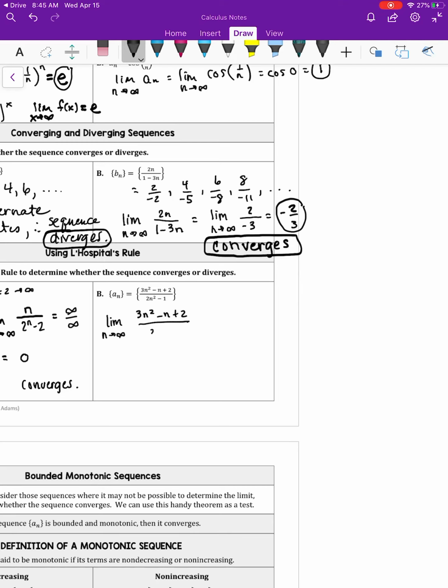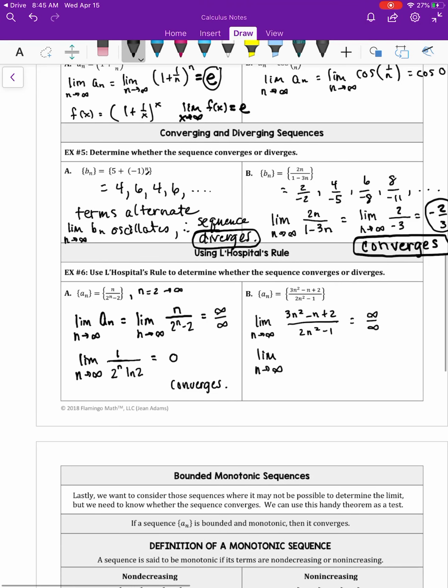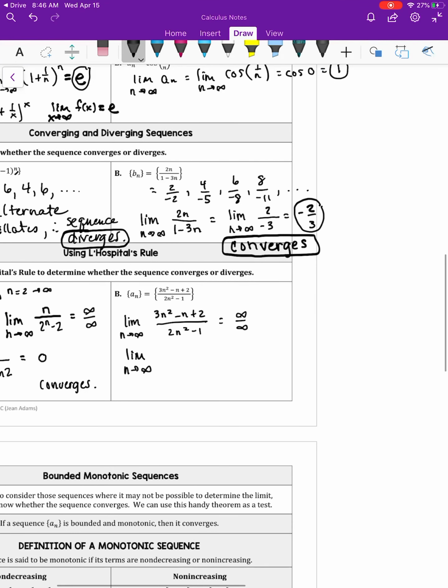Okay, so part B. Limit as n goes to infinity of 3n squared minus n plus 2 over 2n squared minus 1. So if I put infinity in, I'm going to get infinity divided by infinity. I can use L'Hopital's, and I forgot to write by L'Hopital's, sorry.